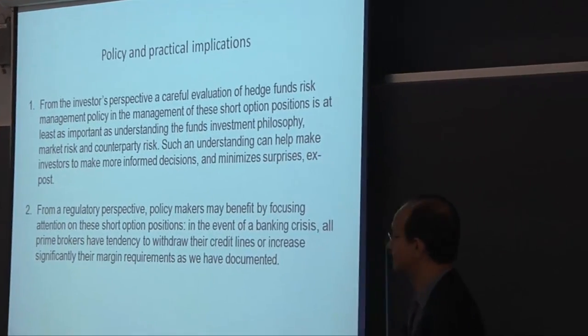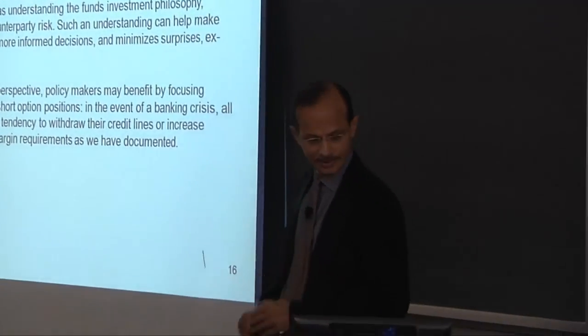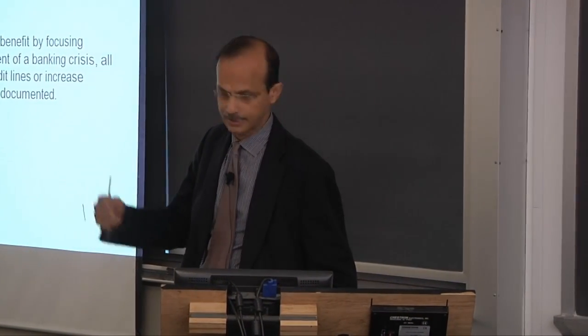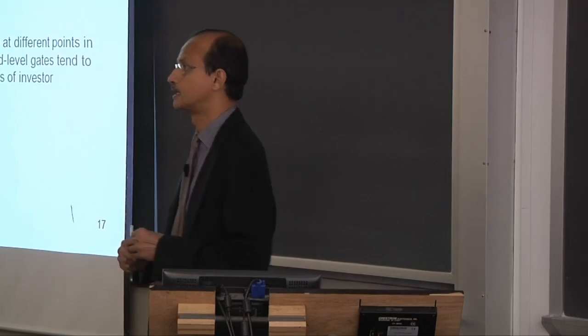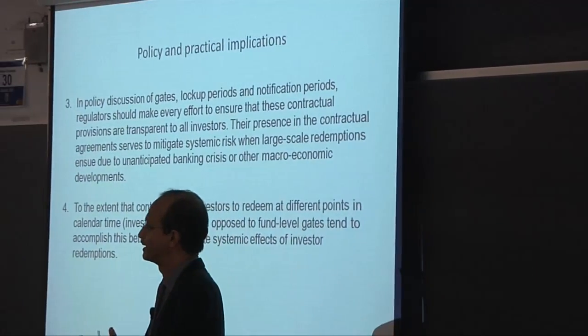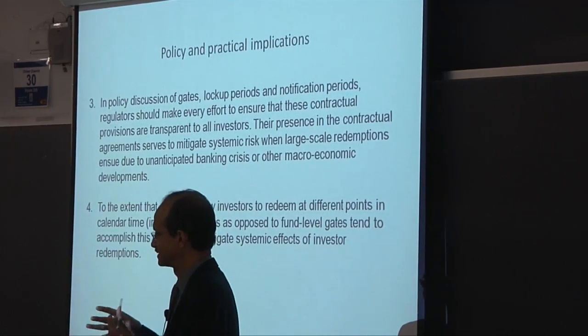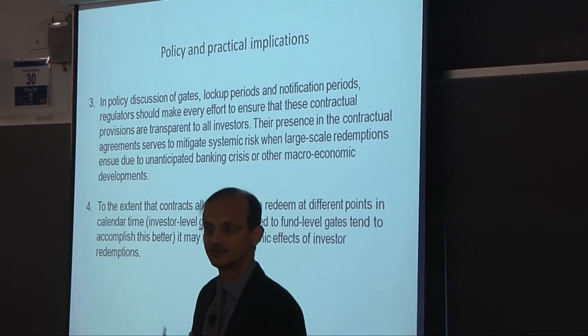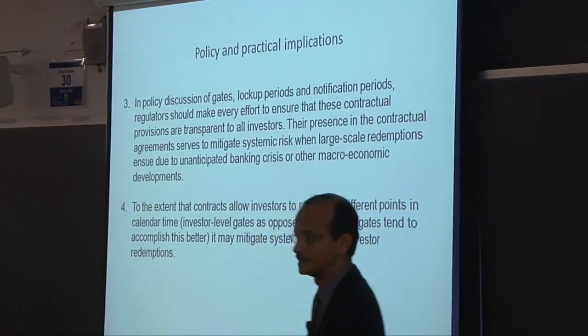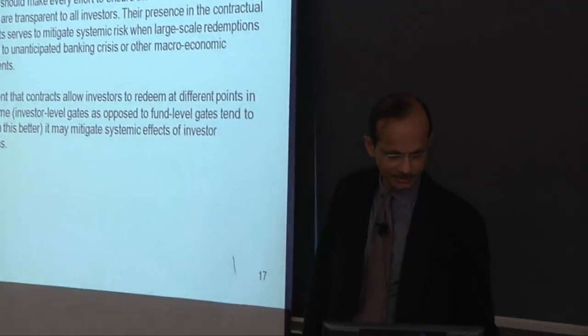That's the first point. The second point is that when there is deleveraging that occurs on an industry-wide basis, it is probably good that there are gates, there are notice periods, and there are other circuit breakers present, because that is going to prevent the occurrence of a contagion. Sometimes you get the perspective that these are bad things to have in the fund contract.